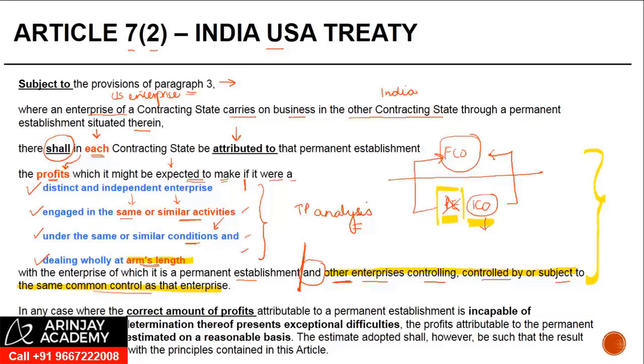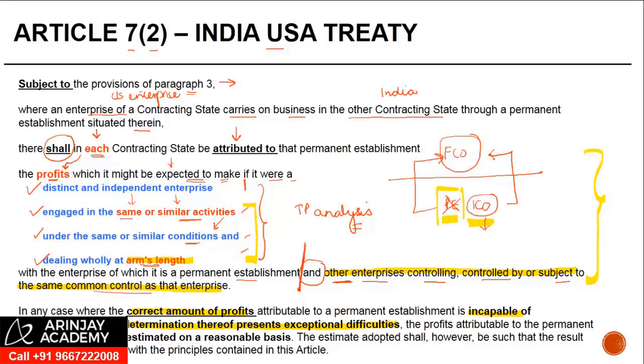In any case, where the correct amount of profits attributable to a PE is incapable of determination. This could be a situation where a company is into specific business, or what we require to carry out this analysis is not available, or the determination thereof presents exceptional difficulties.